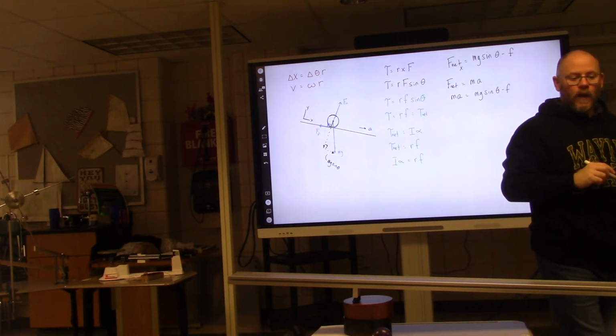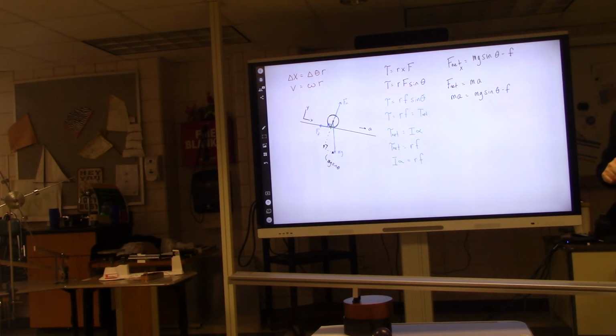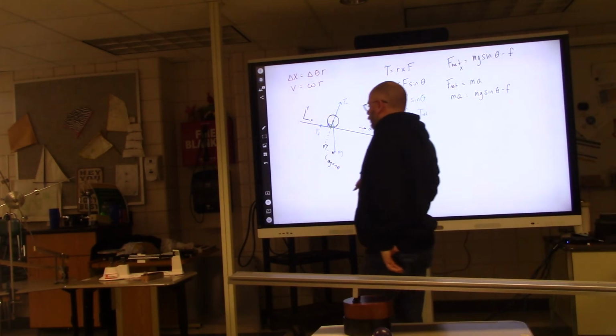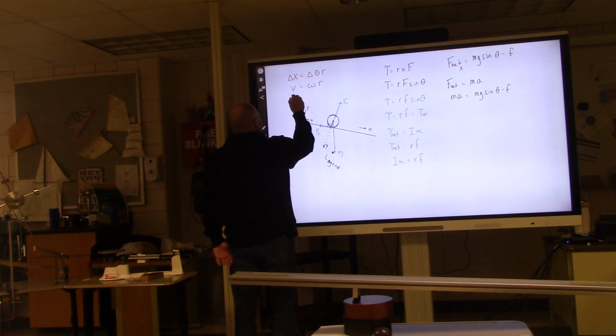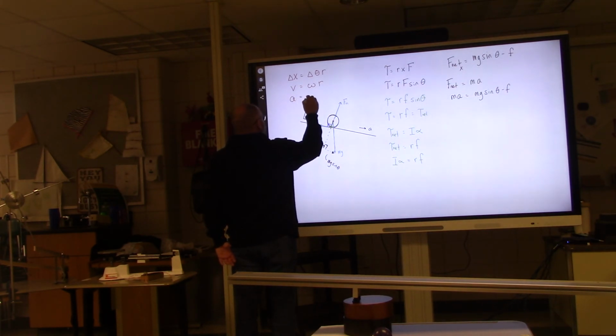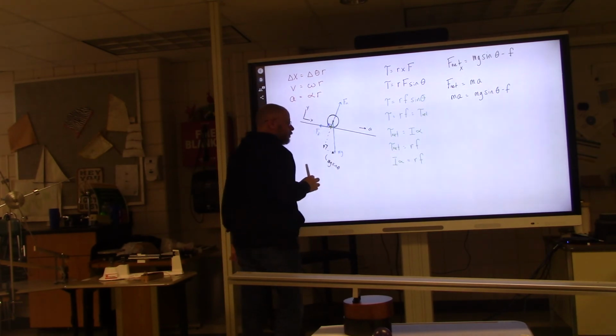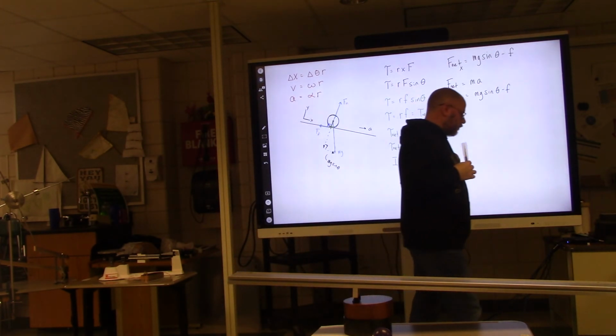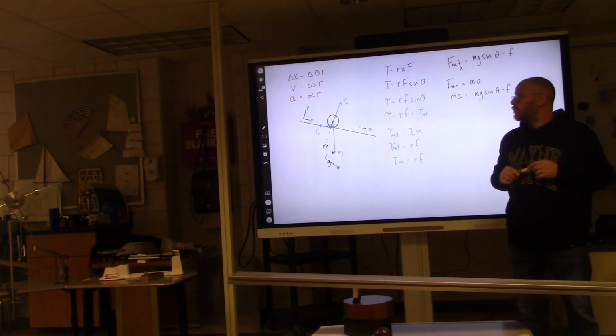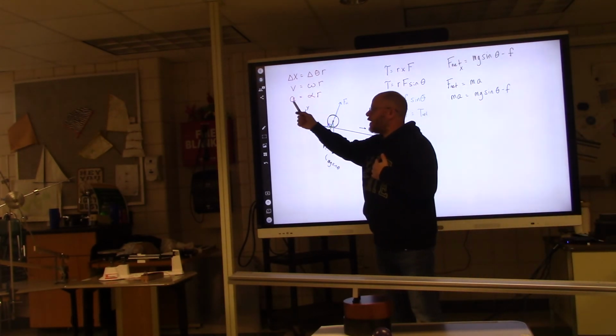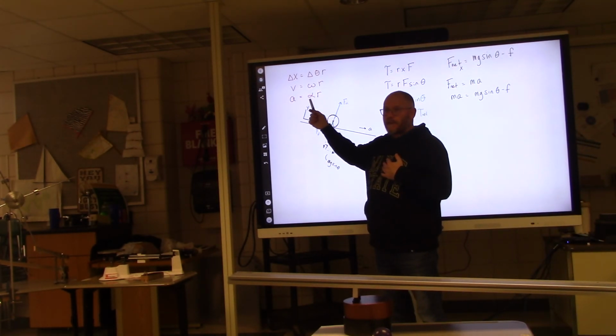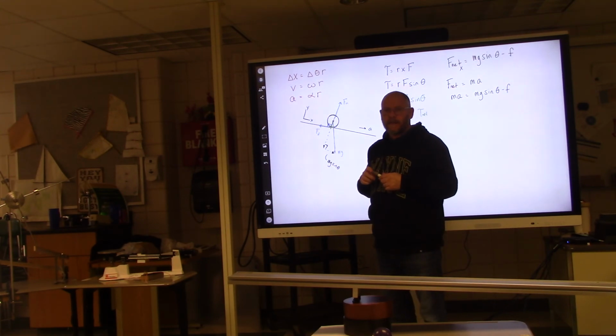And then, what's the third one down? If you want to calculate the linear acceleration, what would you need to know? This is alpha, the Greek letter alpha, that's the angular acceleration.